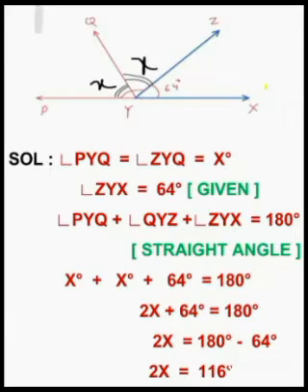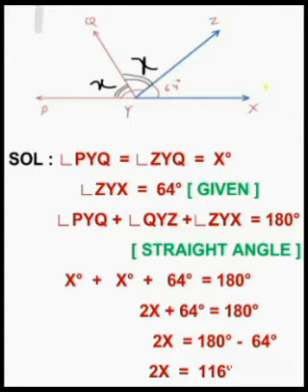See the figure, children. A ray YQ bisects angle ZYP. So, angle PYQ is equal to angle ZYQ. Both are equal because as a ray YQ bisects ZYP, these two angles will be equal. So, as these two angles are equal, let us consider them as x. Okay. So, angle PYQ is equal to angle ZYQ is equal to x degrees.